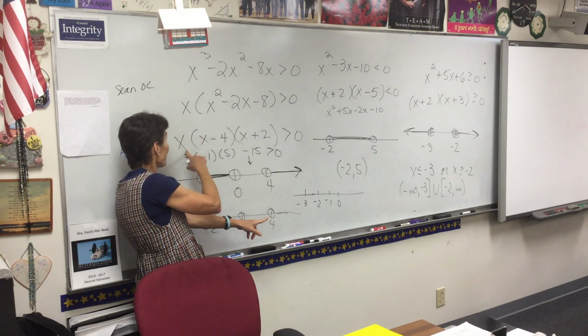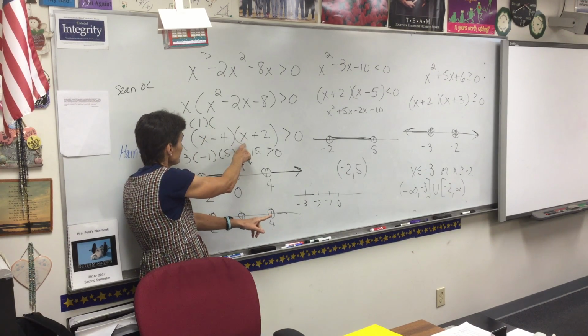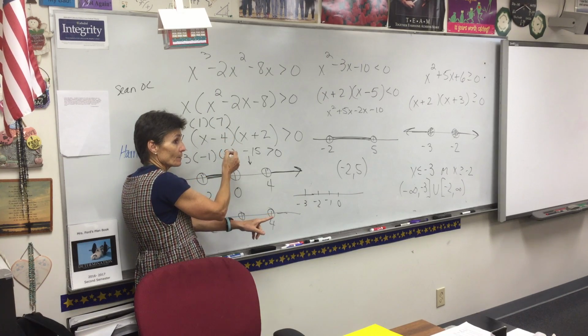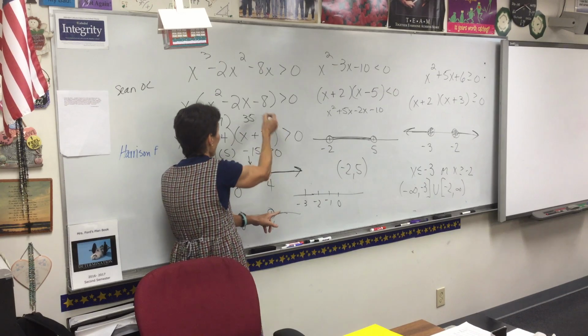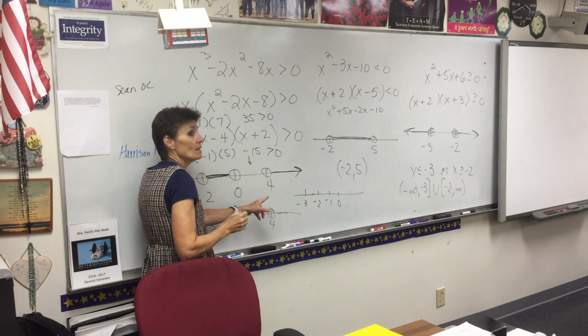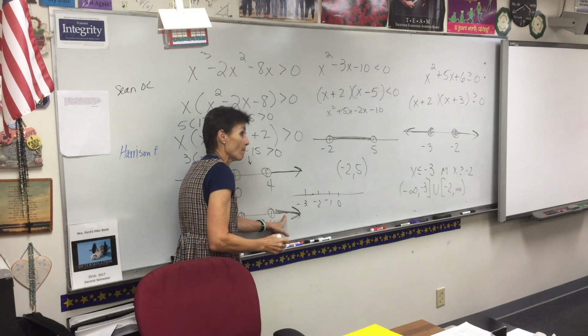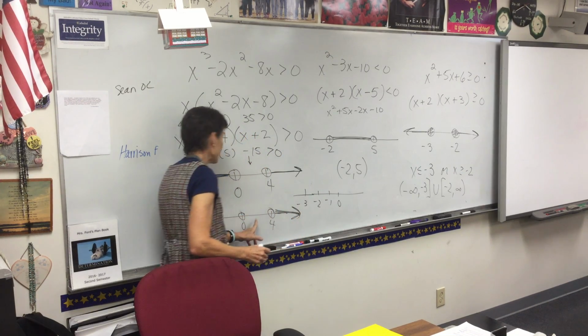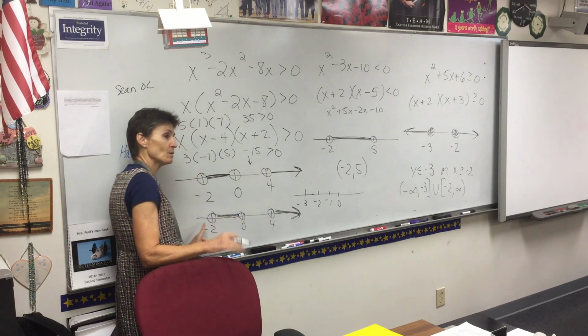Now when he put 5 in, he got 5 times 1 times 7. 5 times 1 times 7 is 35. Is 35 bigger than 0? So Will would have shaded this section because his number worked. Then he wouldn't shade this one. He would shade this one and he wouldn't shade that one.